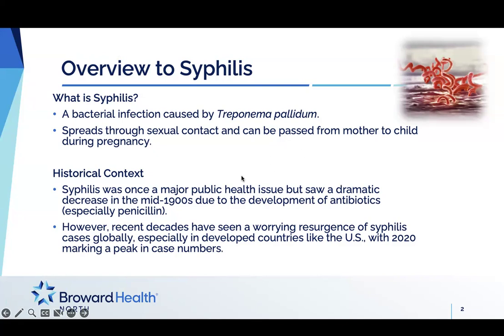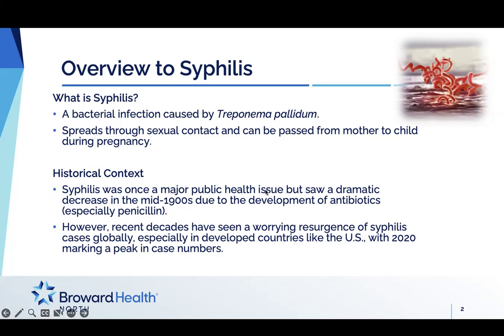And a little bit of history about syphilis and how it got discovered, what is important, statistics. So syphilis used to be a huge major problem of public health. And in the mid 1900s, it saw a dramatic decrease due to the development of one of the first antibiotics, penicillin.